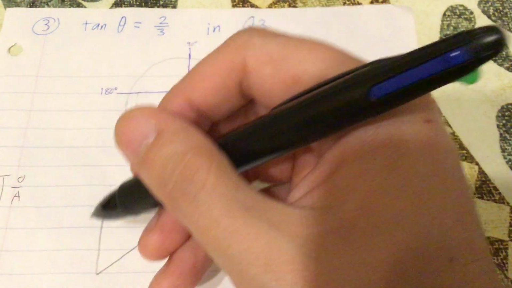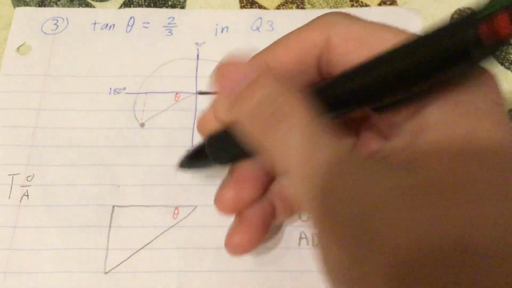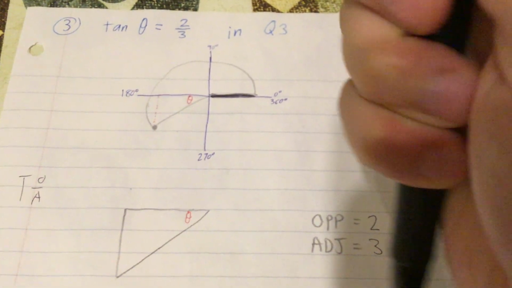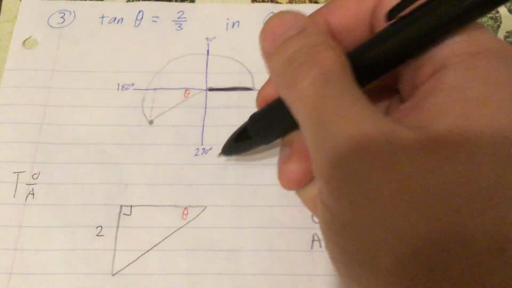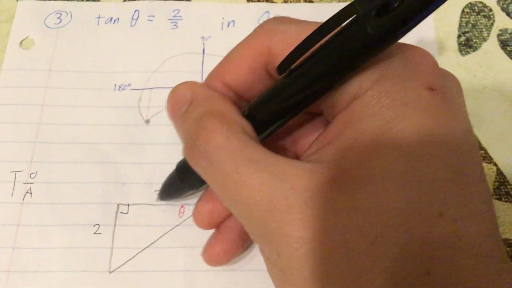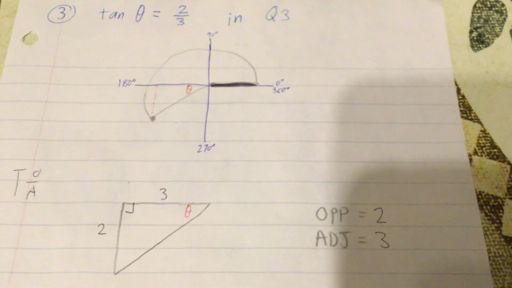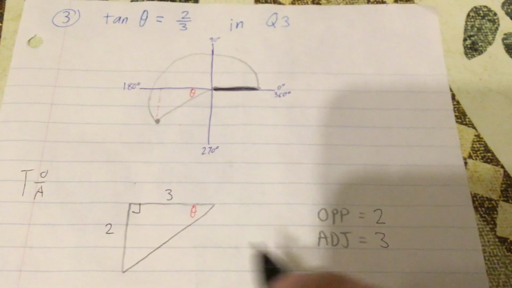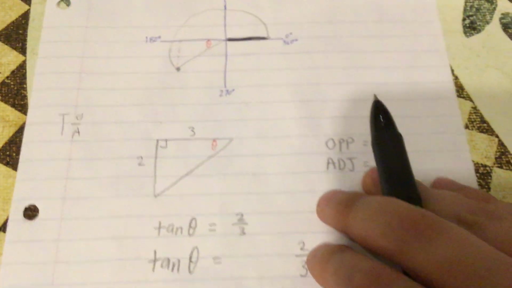So therefore, if I put angle theta in the corner, that would mean that the opposite side of angle theta should be 2, and the adjacent side of angle theta should be 3. So now it turns into a solve the right triangle in quadrant 3. So let's just pretend it's just a regular right triangle, but we're in quadrant 3.